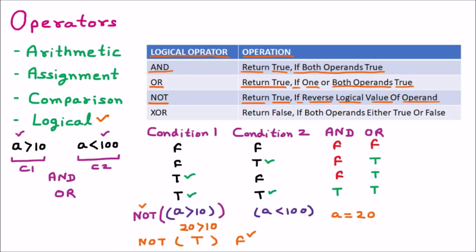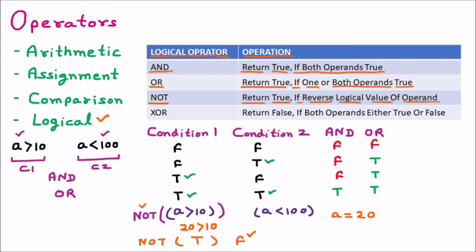So here the result will be false. That means it is going to reverse the result. If the condition was true, applying the NOT makes it false. Or if the condition was false, it can give you the true result. So that is the negation. Negation means giving you the reverse of true or false.